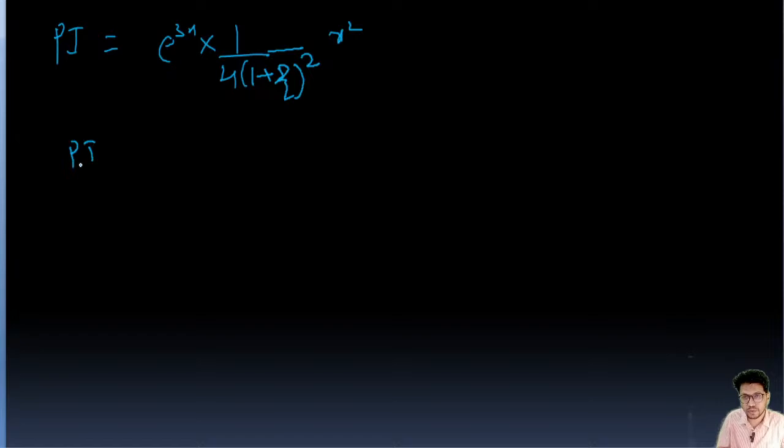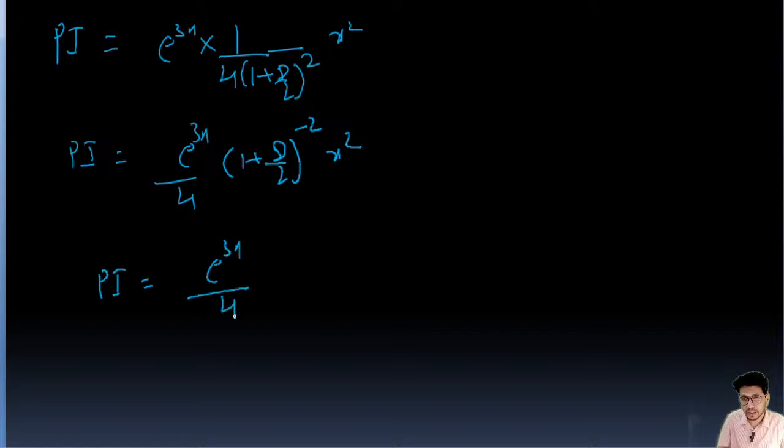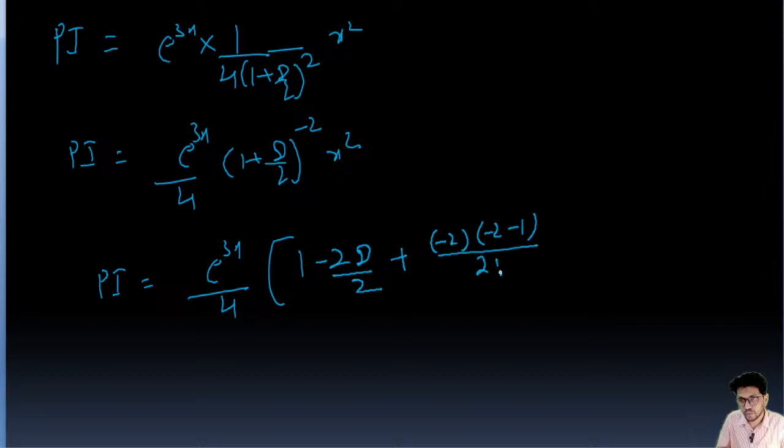So PI is going to be e to the power 3x by 4 into 1 plus d by 2 to the power minus 2, on x square. Will open it: 1 plus (minus 2) d upon 2, then plus (minus 2)(minus 2 minus 1) upon 2 factorial, d by 2 whole square, plus so on, on x square.